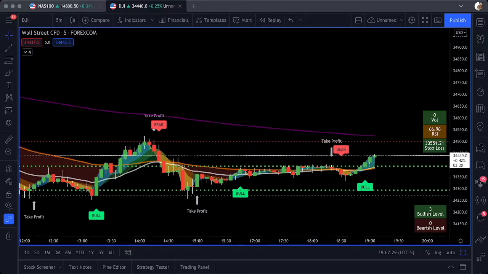But take profits, I will set those if I have multiple positions open, just because it's easier to set a take profit real quick and know that it'll get there than to close out multiple positions and possibly have one go red while I'm trying to close them all out. It's like trying to rush.